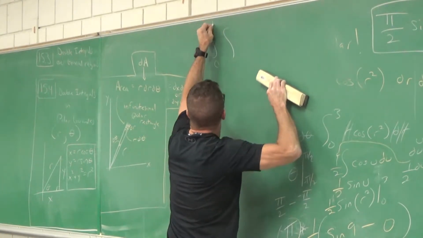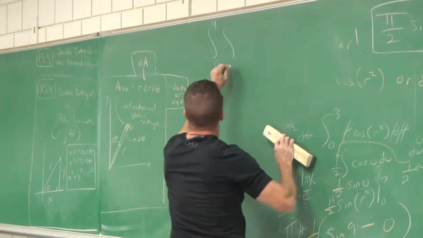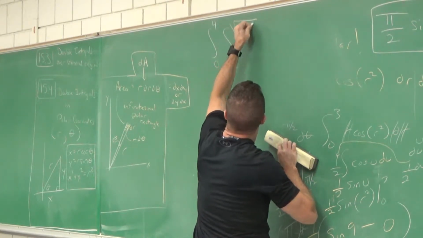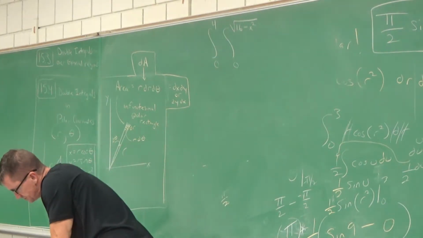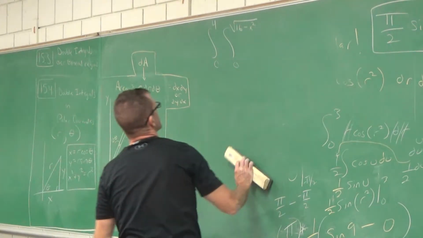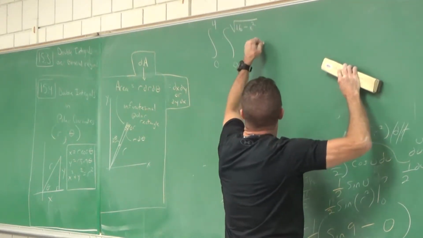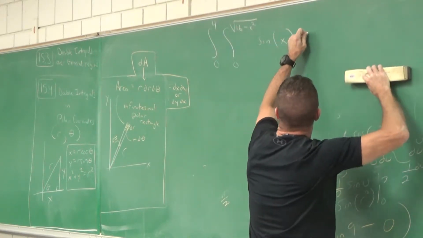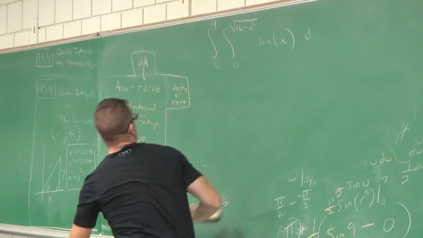I'm really going to mess around with this thing, just so you become an expert. 0 to 4, square root of 16 minus x squared, sine of x, dy.